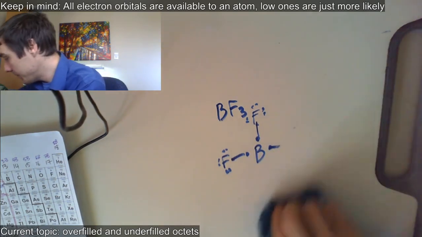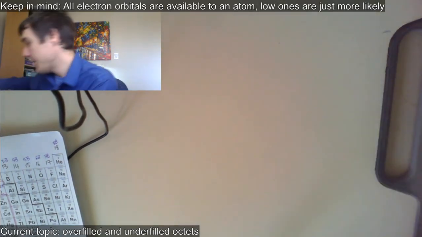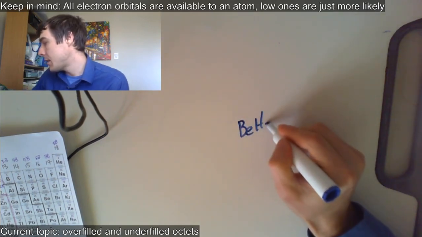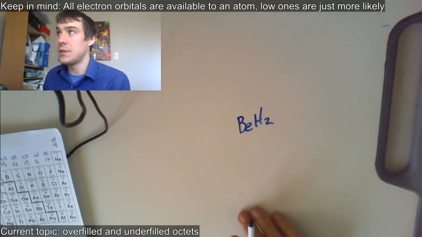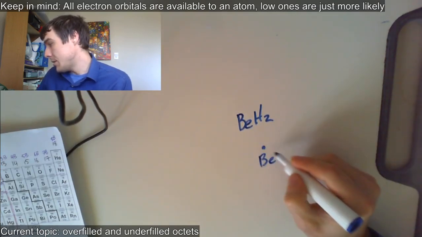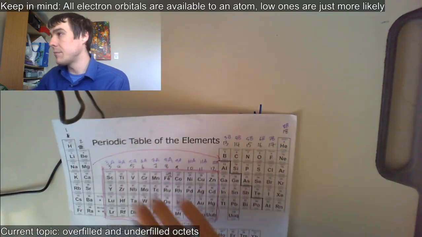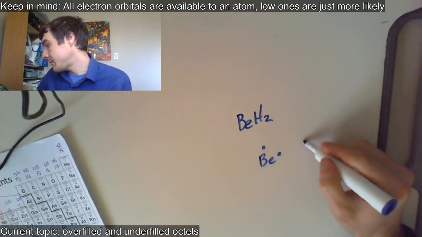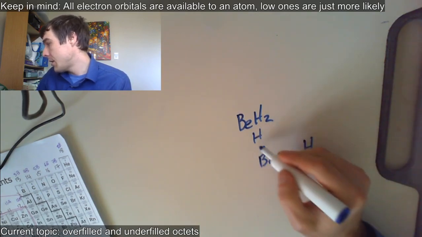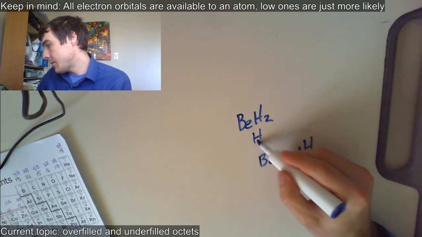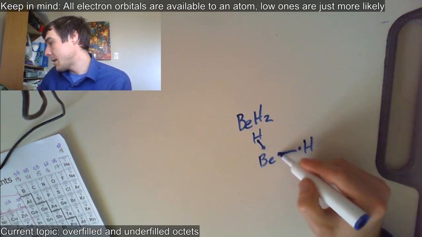BH3 is also a thing. So that's an underfilled octet. Even weirder is something like beryllium dihydride, BeH2, which is a covalent compound. And beryllium has 2 valence electrons. Now if we look at beryllium here, 2 valence, and hydrogen, right? So that can only do that.